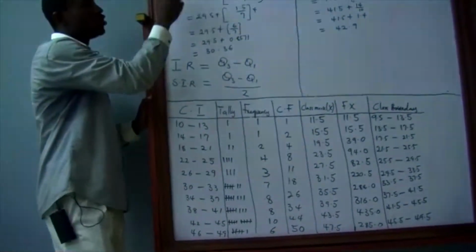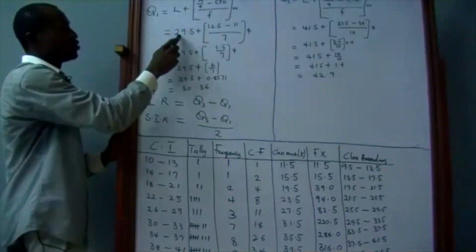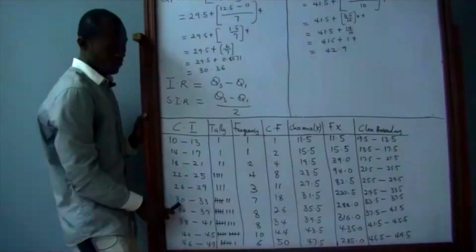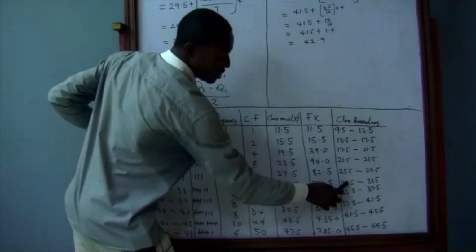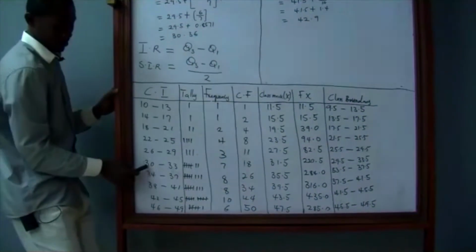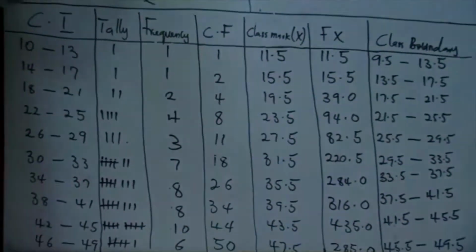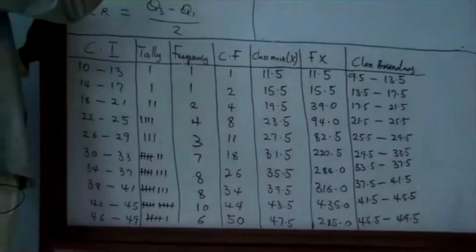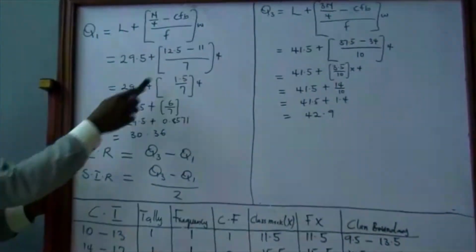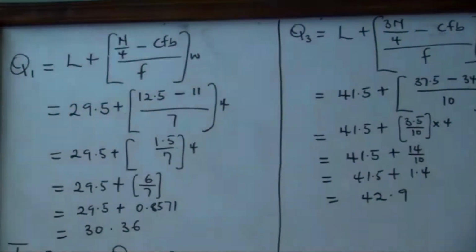L, the lower class boundary of the Q1, is 29.5. If I subtract 0.5 from 30, or if you go to the class boundary, you see the lower class boundary of that class. So that is 29.5 plus n over 4, that's already 12.5, minus the cumulative frequency before that class.